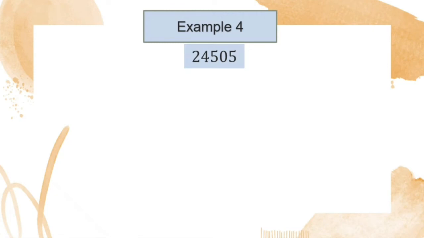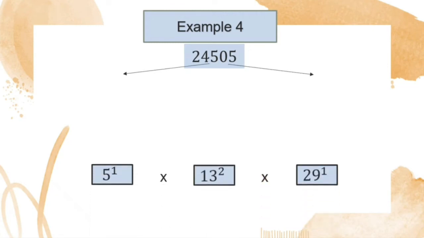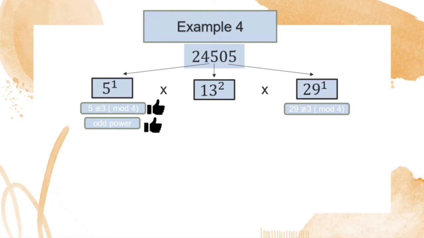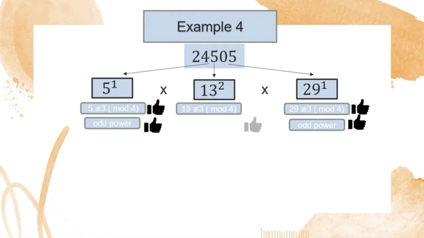The example number 4. Number 24505. 24505 can be expressed as 5 to the power of 1 times 13 to the power of 2 times 29 to the power of 1. 5 is not congruent to 3 mod 4 and has an odd power. 29 is also not congruent to 3 mod 4 and also has an odd power. 13 is also not congruent to 3 mod 4, but 13 has an even power.